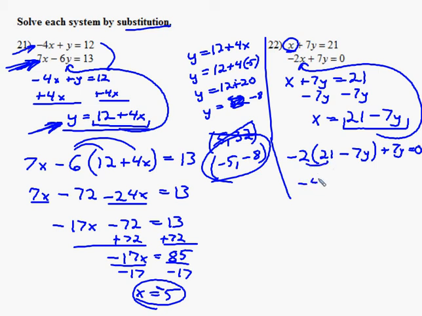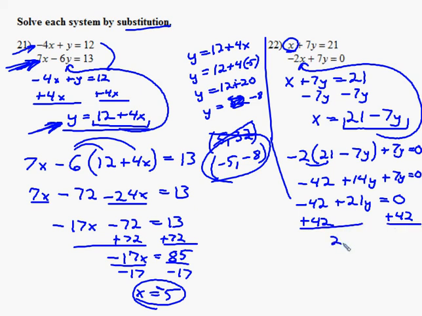So negative 42 plus 14y plus 7y equals 0. We have some like terms. This is plus 21y equals 0. We'll add 42 to both sides. We get 21y equals 42. Dividing both sides by 21, we get y equals 2.